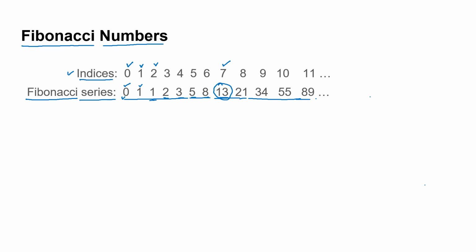Now the interesting aspect of the Fibonacci sequence is that the number at the ith position, like this number 1, is equal to the sum of the numbers in the previous two positions. So I can generalize it. If I'm looking for a Fibonacci number at position n, then that will be equal to the sum of the number at position n minus 2 plus the Fibonacci number at n minus 1.